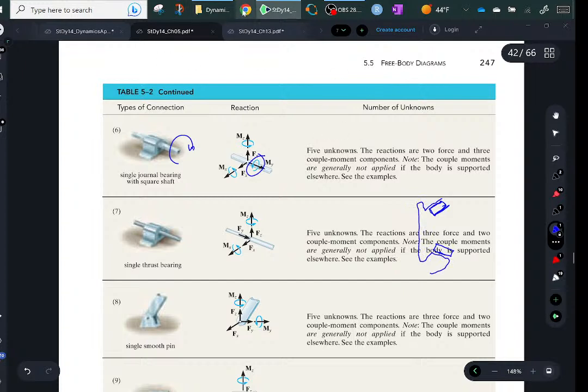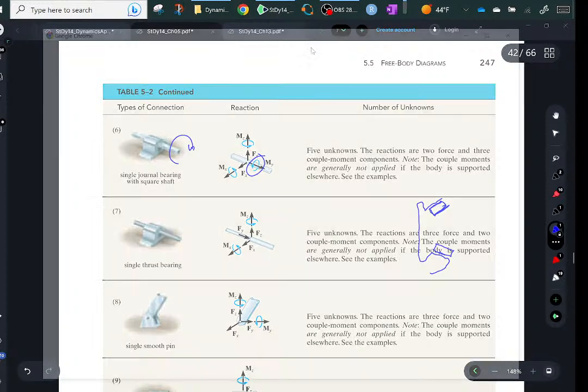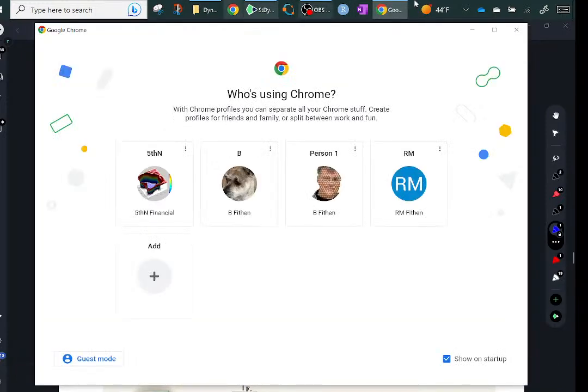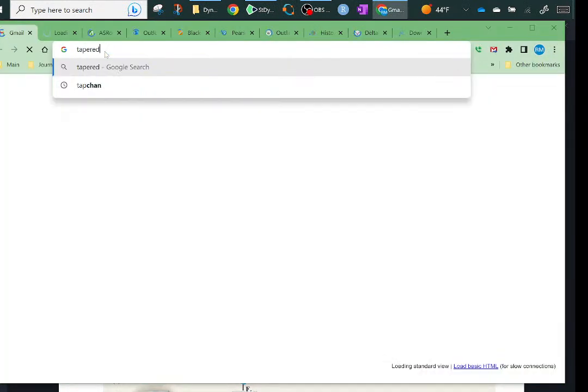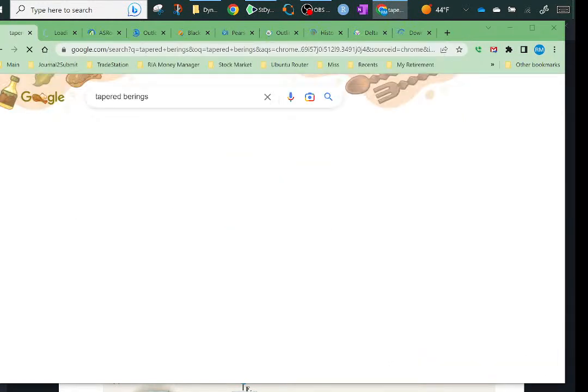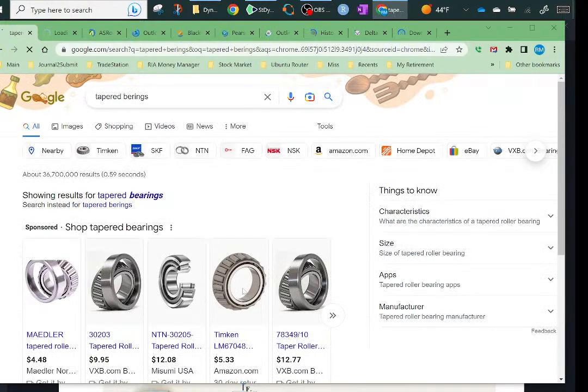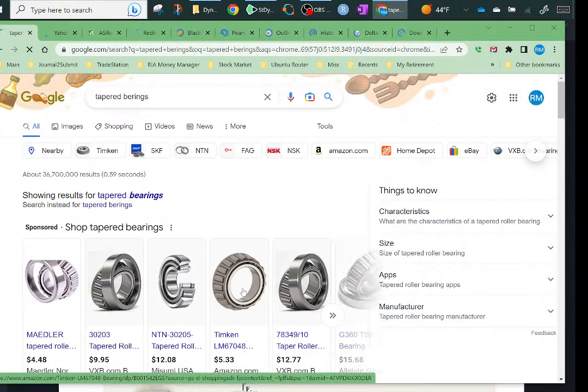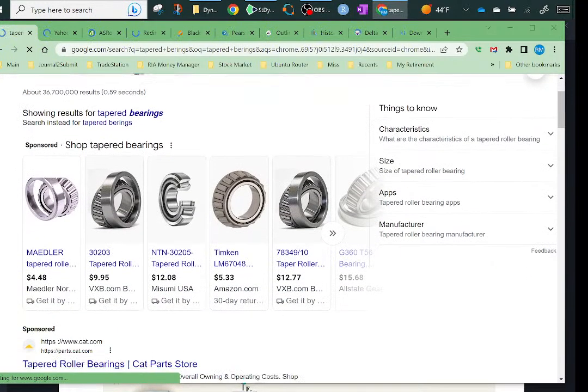You know what? Let's do this. I think I could find that and show you that. My drawings are so bad. They're called tapered bearings. Let's see if I can find one. Okay, they're much better drawings here than what I can do.